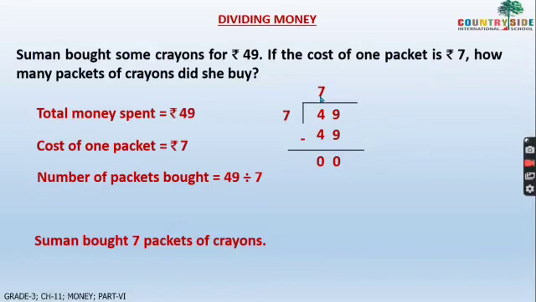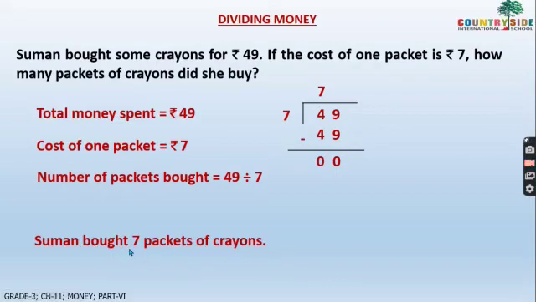So how many packets did she buy, children? 7. Yes. She had rupees 49, and from 49 rupees she bought 7 packets. So Suman bought 7 packets of crayons.